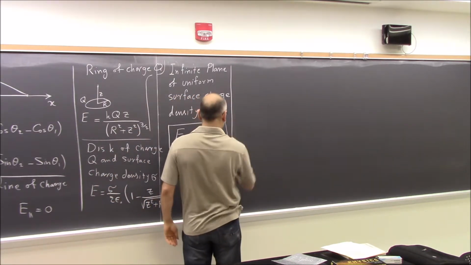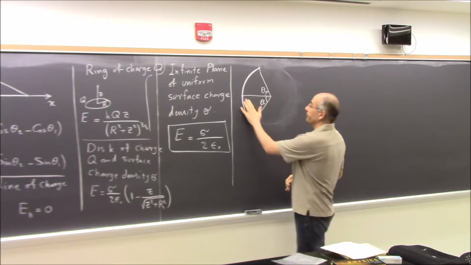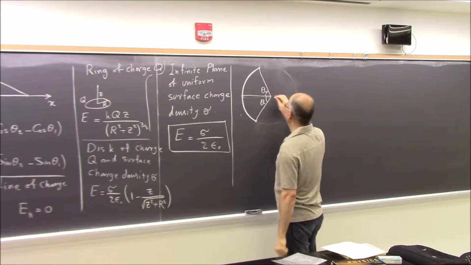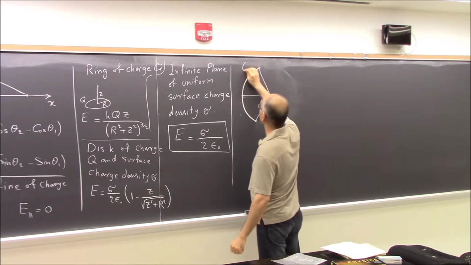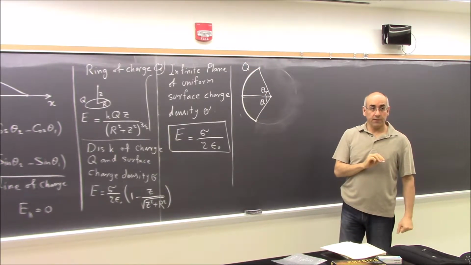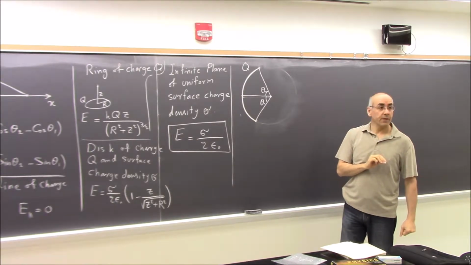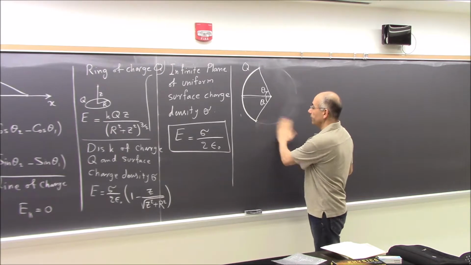Another situation, where this arc is 2 theta naught. You want to see what the electric field of this is at the center if it has total charge Q. Again, we're going to integrate.